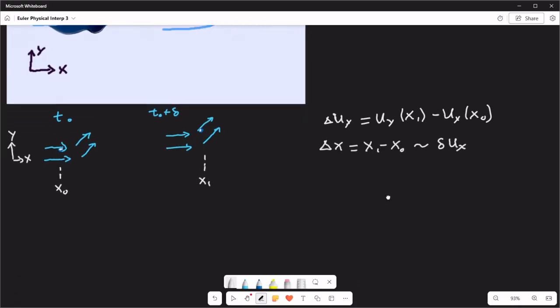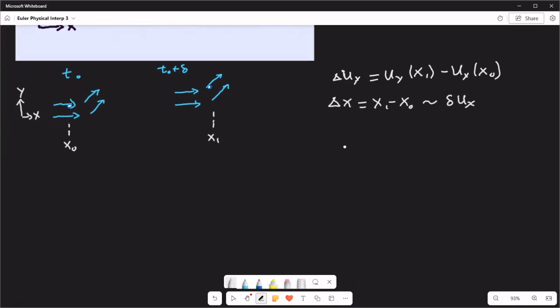So from this, I can come up with the equation for the change in uy over the change in x, and this is going to equal uy at x1 minus uy at x naught, divided by delta x. But then I can substitute in this for delta x.